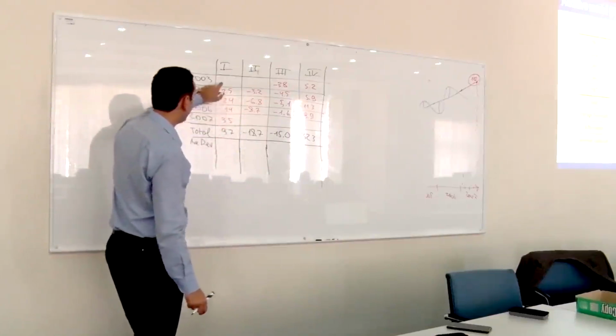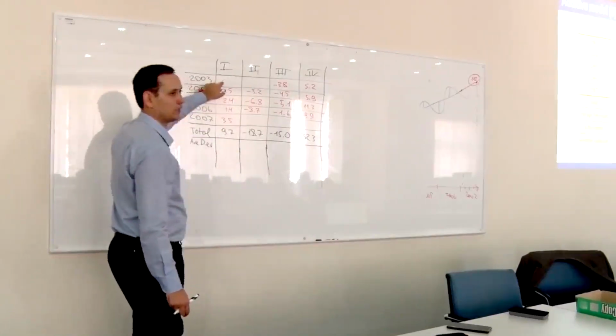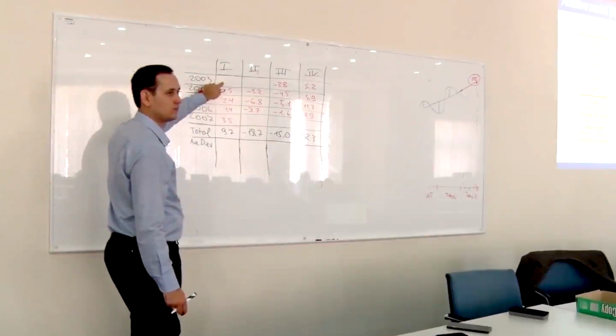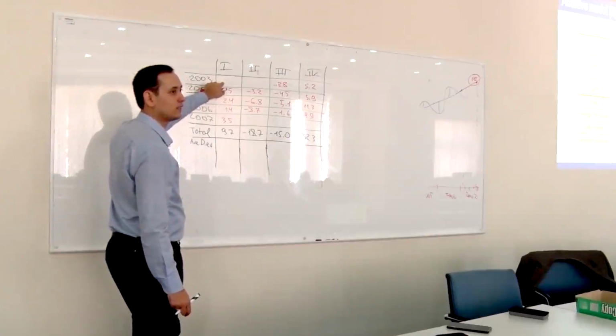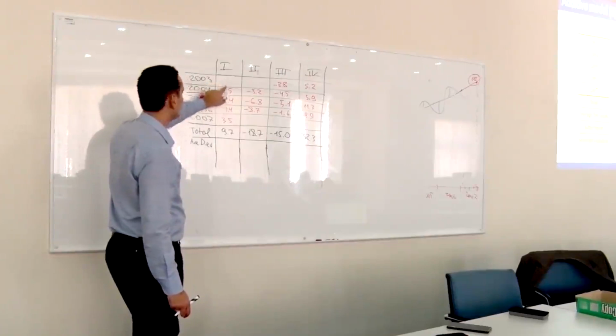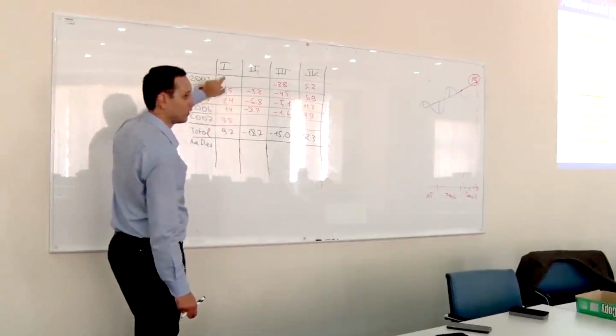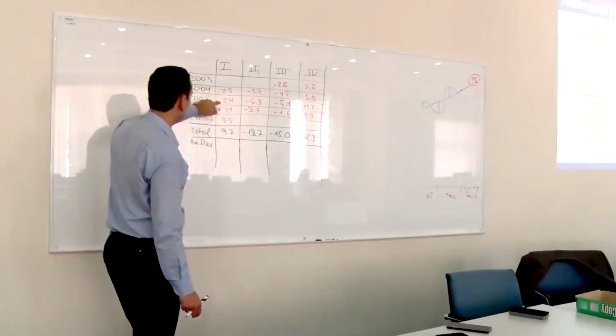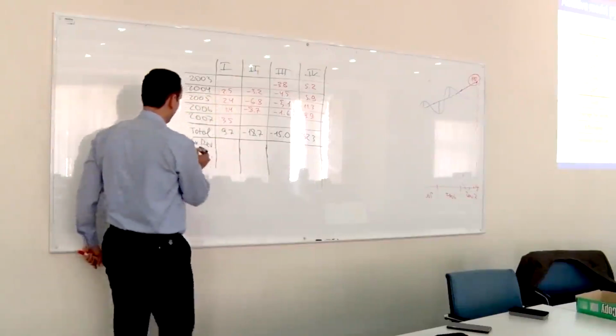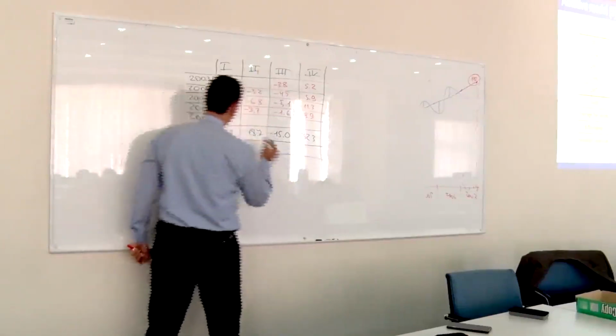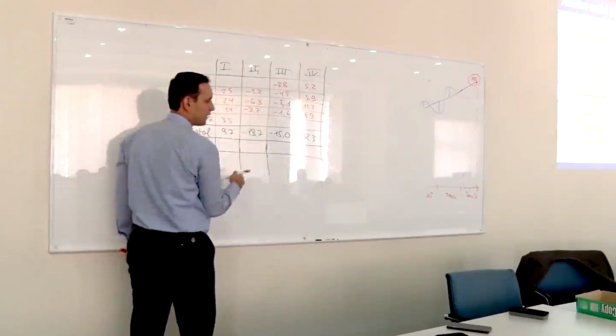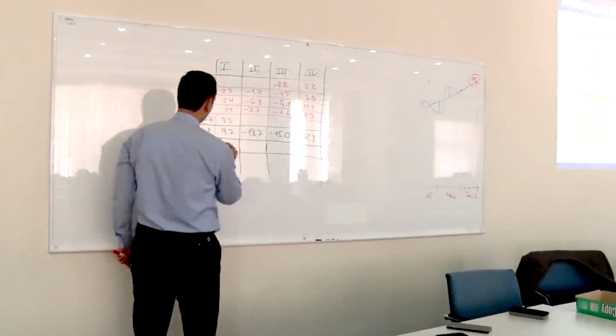How many observations do we have in quarter 1? 4, right? 1, 2, 3, 4. So you basically divide this number by 4. 9.7 divided by 4, you get 2.43.